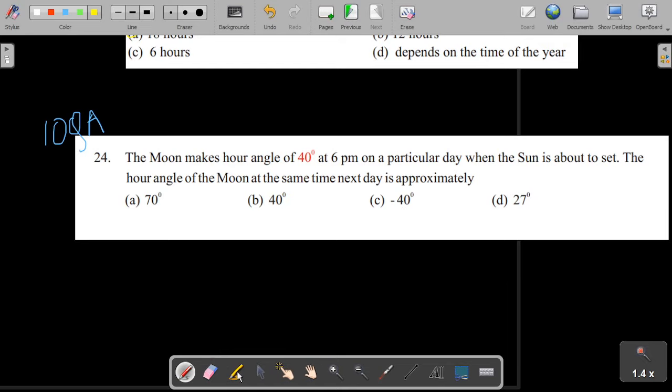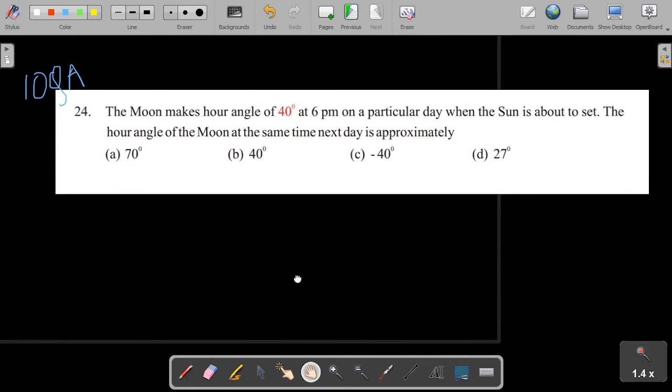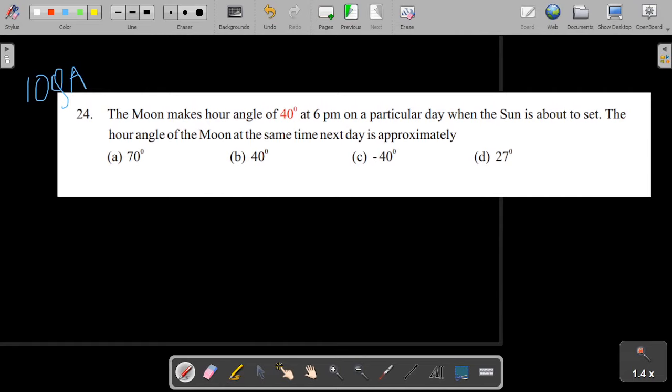Basically, what you had to know in this question was that the moon revolves around the earth in a period of 27 or 28 days approximately. So let's just draw the sun, moon, and earth system. This is the earth. This is the moon.